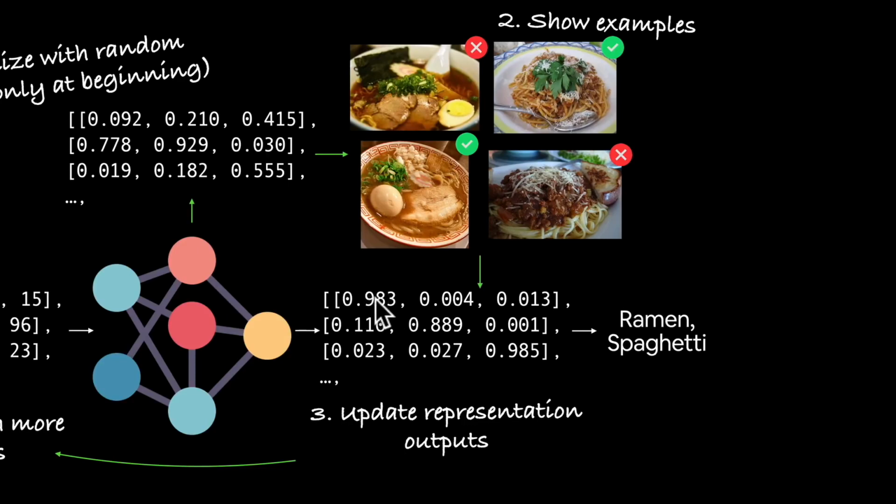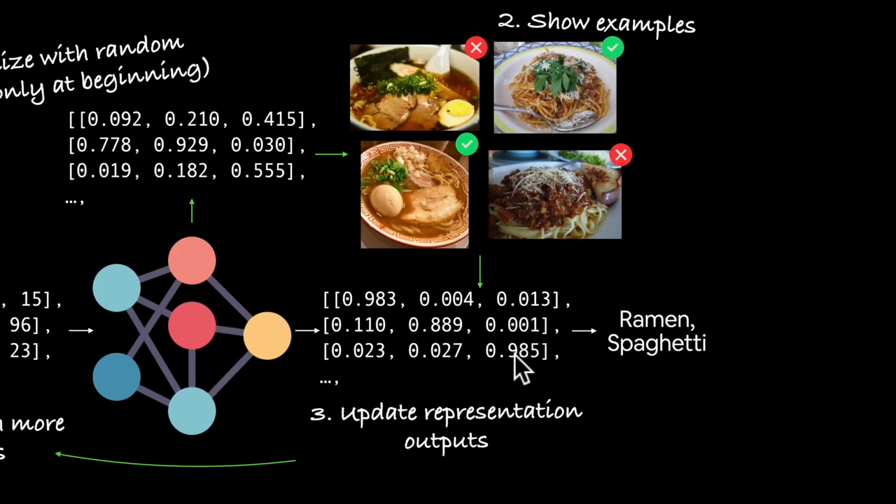Then if we wanted to turn this row into labels, we might go ramen, spaghetti, not ramen or spaghetti. Which one has the highest value? The index where spaghetti occurs. And for this one, which is no food, this is the highest number, so we might want to get this index.